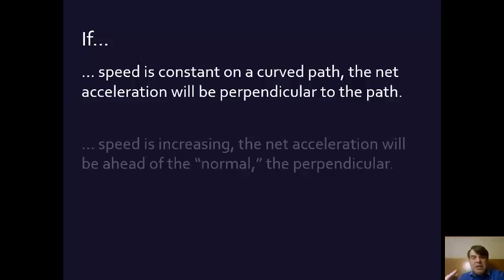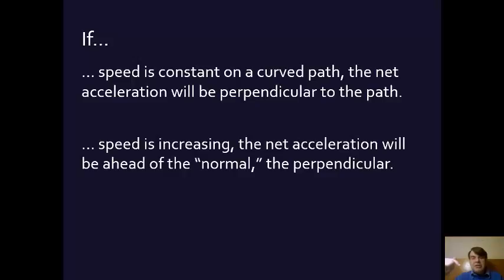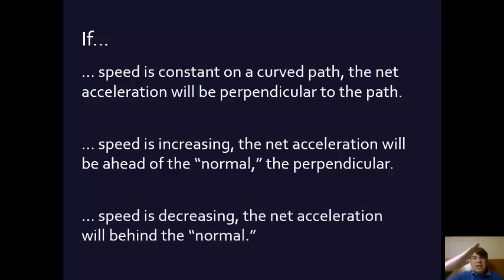But if the speed is increasing, that means that the net acceleration is a little bit ahead of the perpendicular. There's a positive part parallel that is combining with the perpendicular part to be a little bit ahead of the perpendicular. If the speed is decreasing, that means it has a negative acceleration parallel to the path, and so its resultant acceleration is going to be a little bit behind the perpendicular.